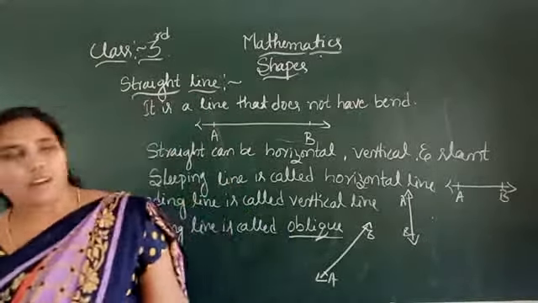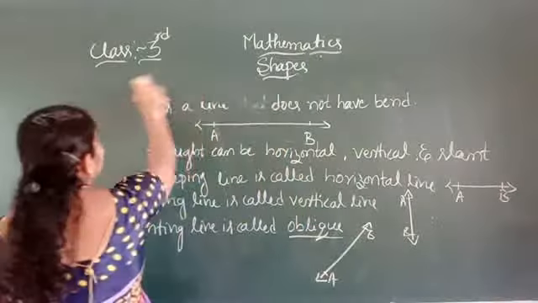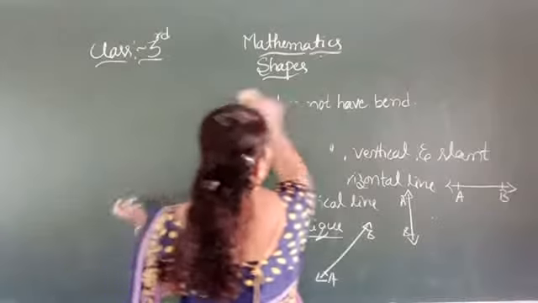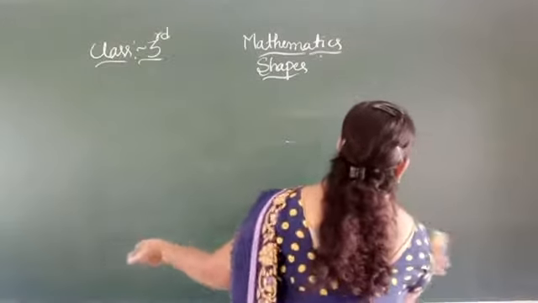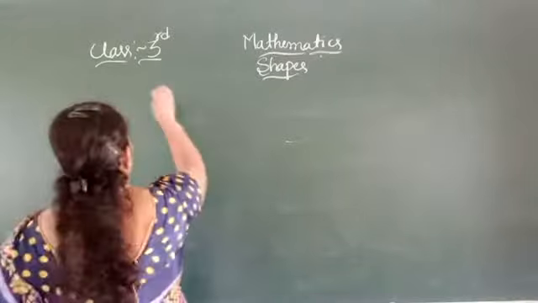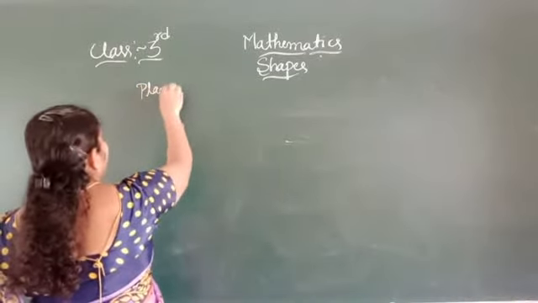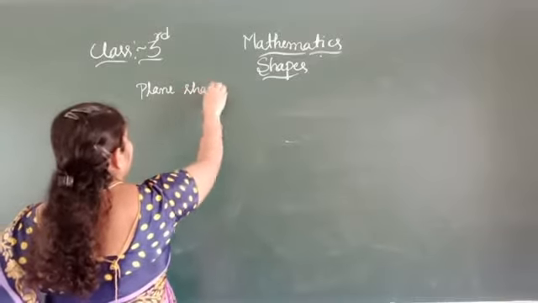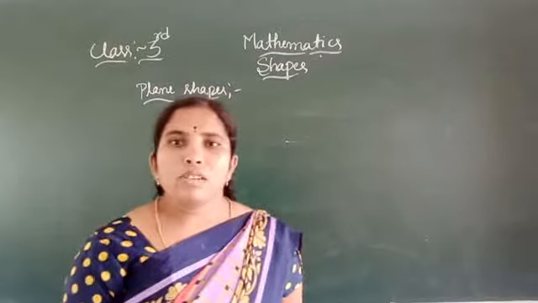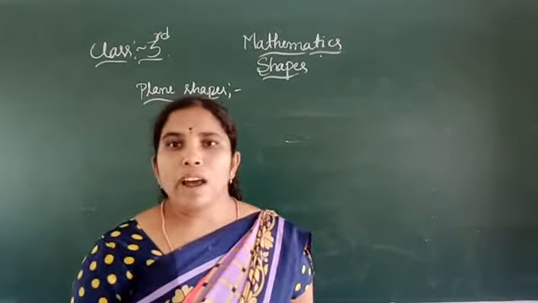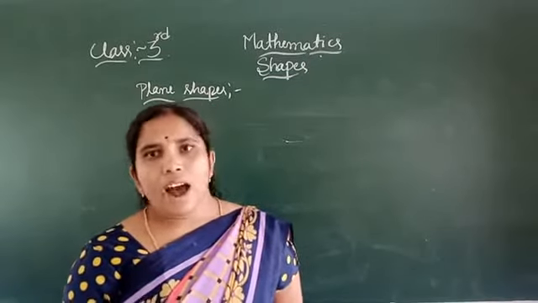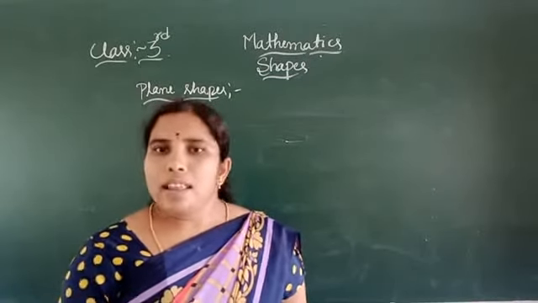Do you understand? So next we move on to plane shapes. Plane shapes are two-dimensional shapes, that means they have only length and breadth, or breadth and height, or length and height.